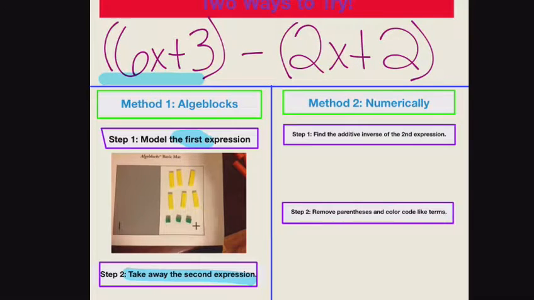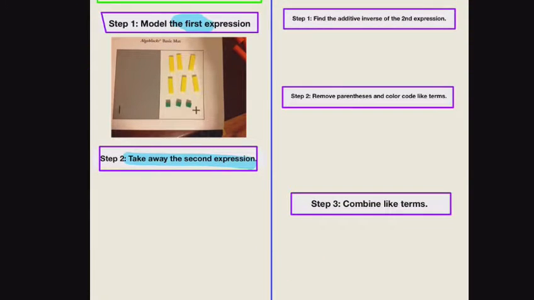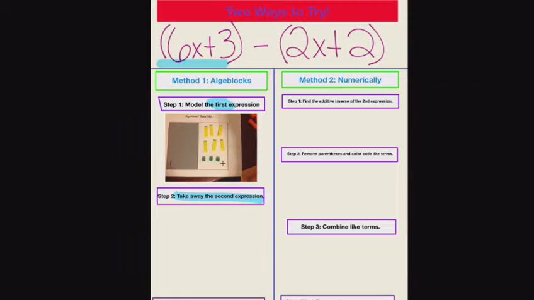Now the second step that's different from adding. Now we're subtracting, so we're going to be taking away the second expression. Our second expression is 2x plus 2. So we're going to take that amount away from our original expression, 6x plus 3. Let's go back to our algeblocks.